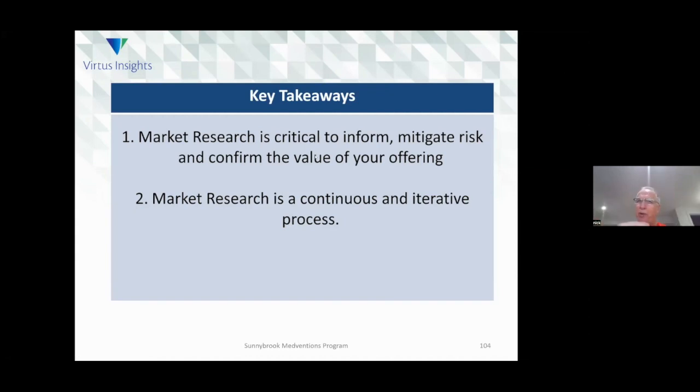I call it market research light, and later towards launch, market research heavy, to ensure that you leave no stones unturned in understanding your market, how the market's behaving, your competitors, how they are behaving, and your company and the strategies that you are implementing to ensure a successful launch of your product or your service.